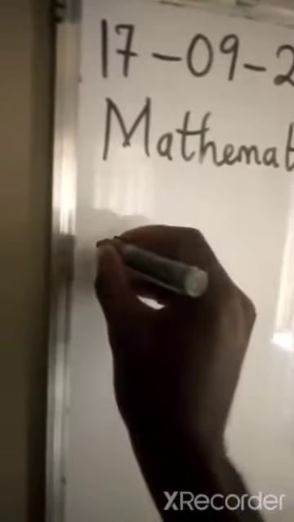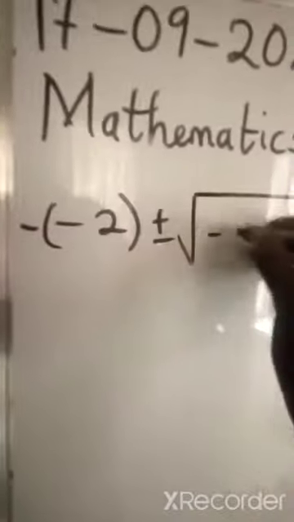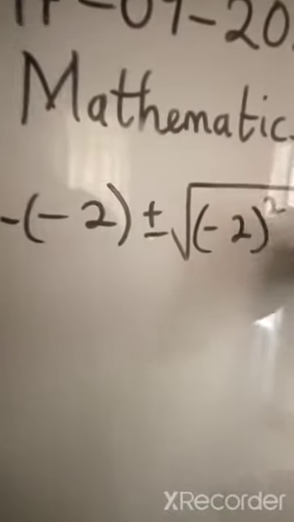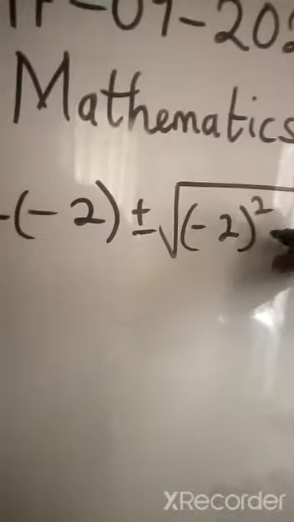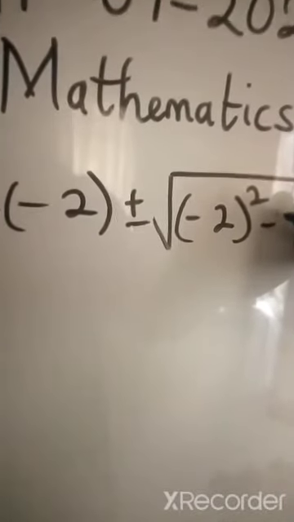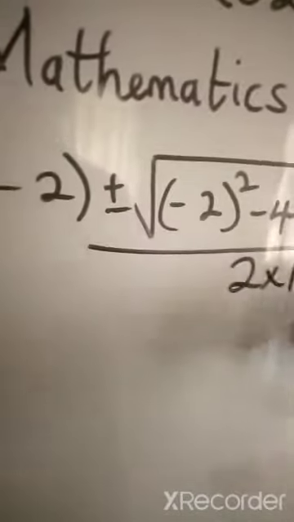Now, our b is minus 2, so we have minus of minus 2 plus or minus the square root of minus 2 whole squared, minus 4 times 1 times minus 4, all over 2 times 1 because our a is 1.